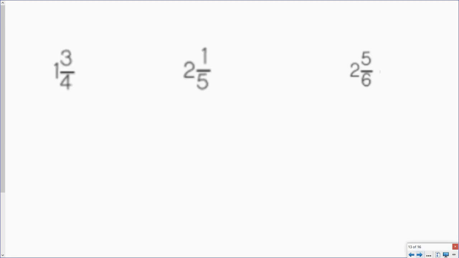Let's take a look at these and do the same thing that we just did. I'm going to take my 4, my denominator here, and multiply it by the whole number. So 4 times 1 gives me 4.